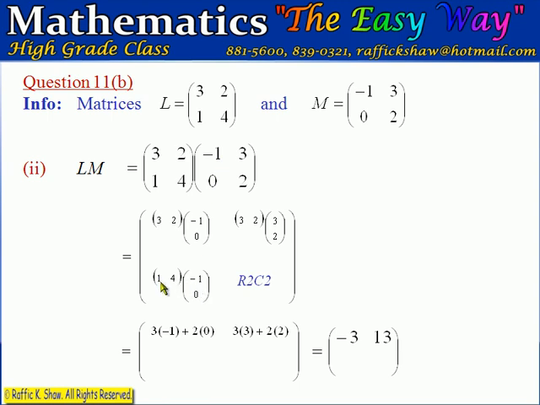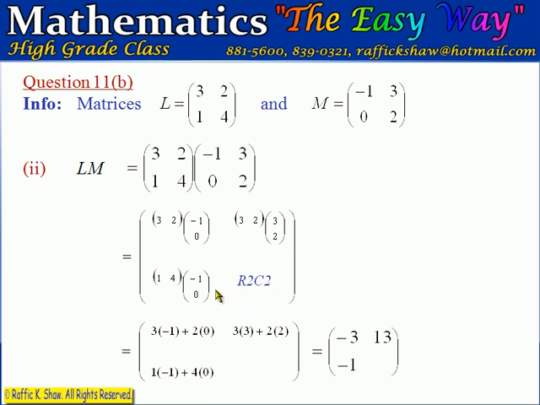And so we'll multiply this 1 by this negative 1 and this 4 by this 0. And we'll do that calculation right here. So it's 1 multiplied by negative 1, that's negative 1, and 4 multiplied by 0 is 0. So the result of this calculation is negative 1. And so this element here is negative 1.